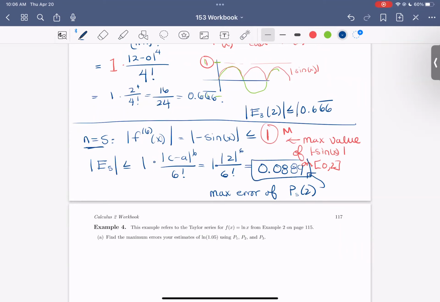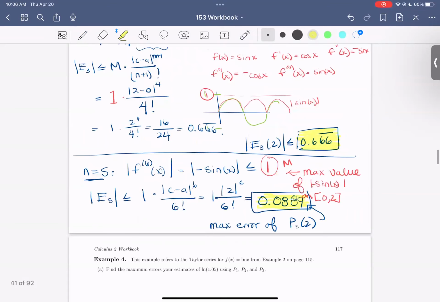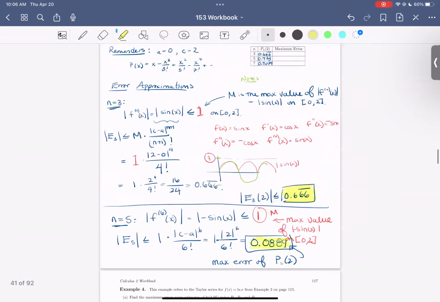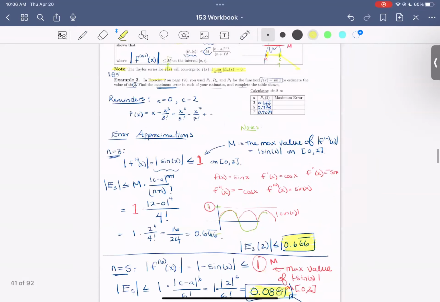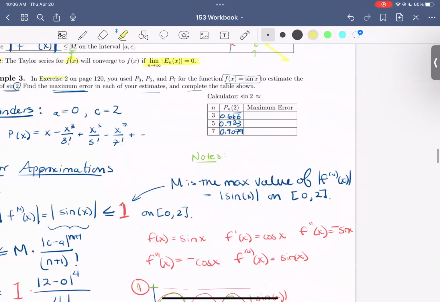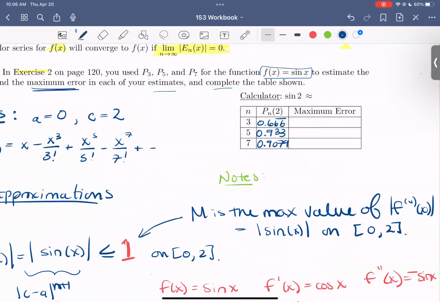Let's make sure we're filling in this table as we go. Recall the error for the 3rd degree polynomial, E3, was 0.666, and then for P5 it was 0.0889. We'll fill that in up here just so that we're keeping track of our work. What do we notice as n increases?